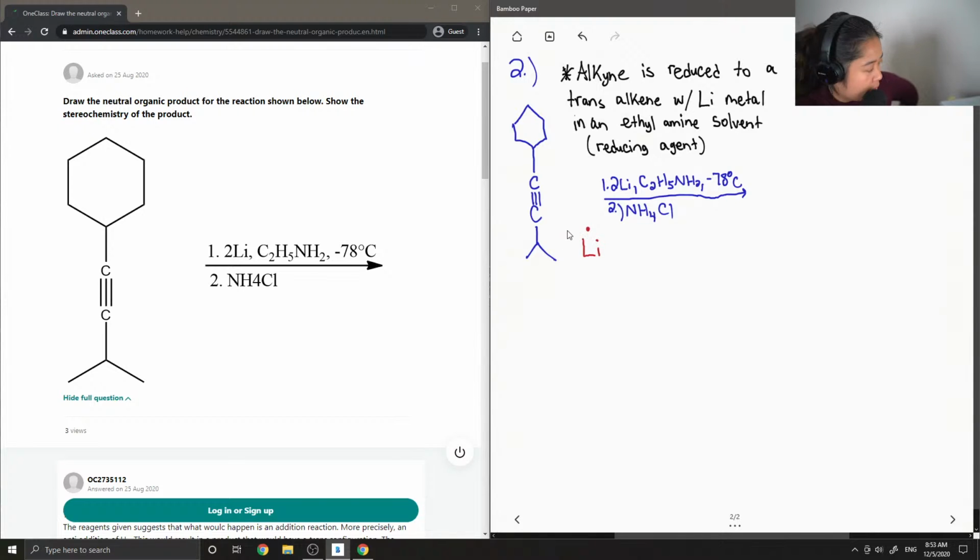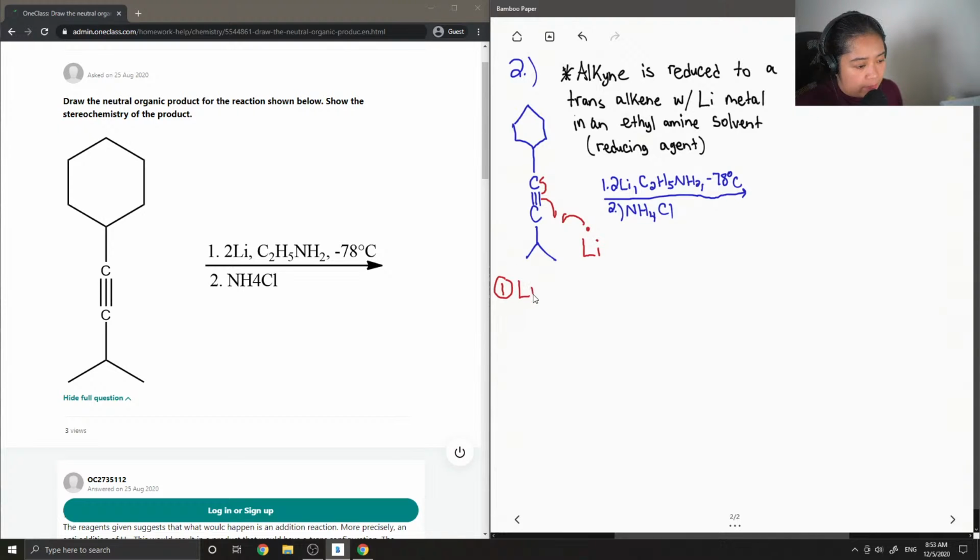Okay, so I'll draw the first step of the mechanism. So notice these are half arrows, which indicates that only one electron is being transferred.